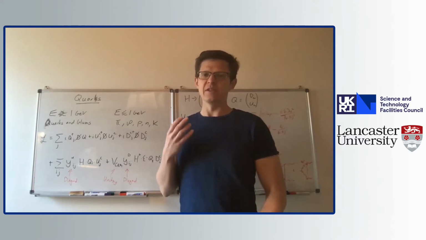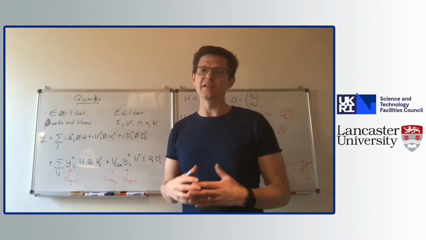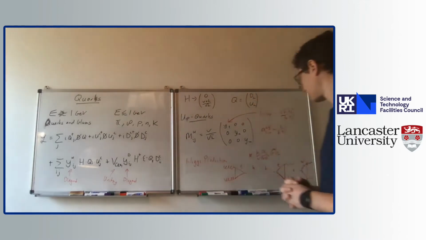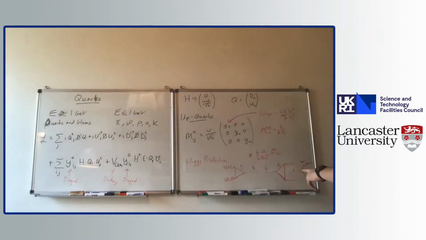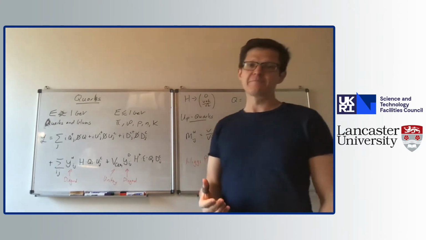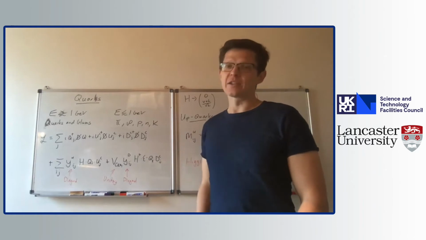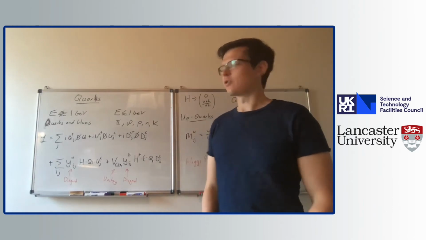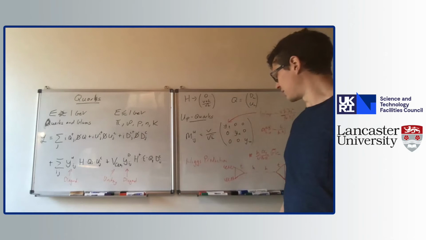That was the driving channel that led to the discovery of the Higgs. There's also a contribution involving the W bosons as well, but the one involving the tops is important. And so we saw that the tops are very, very important for Higgs physics, even though the Higgs cannot decay into them, and that's a direct consequence of the fact that the top Yukawa is so large.